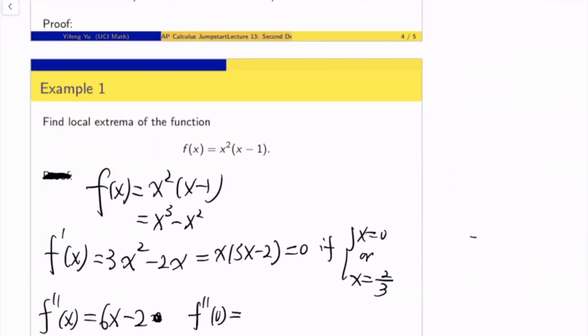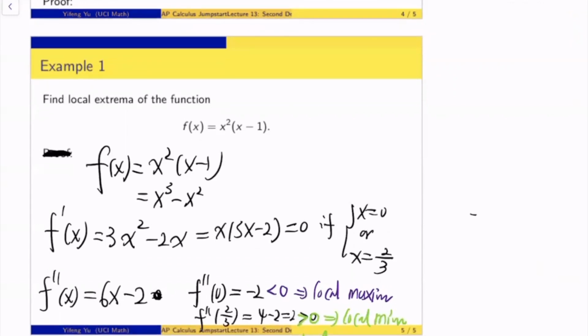At 0, the second derivative is -2, which is less than 0, so it's a local maximum. At 2/3, it's 4 minus 2, which is 2, bigger than 0, so it's a local minimum by the test.